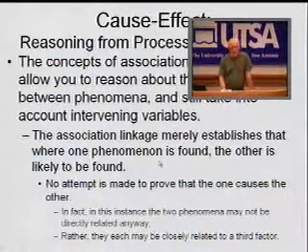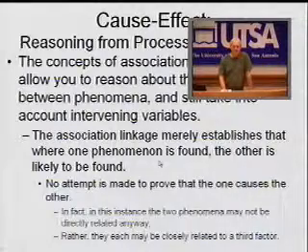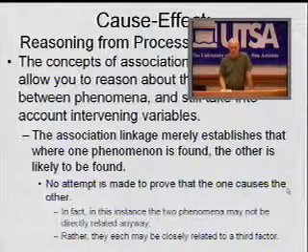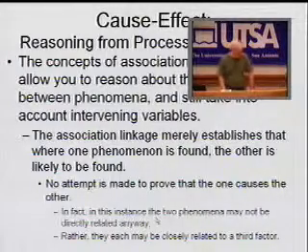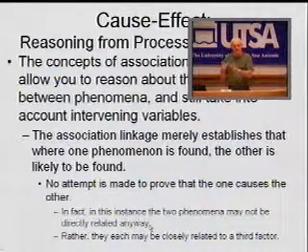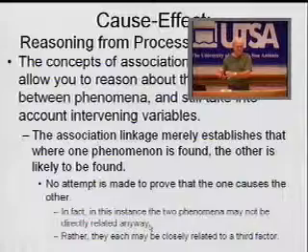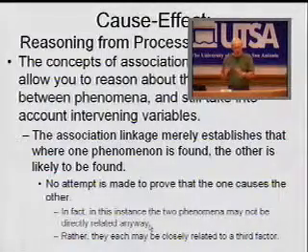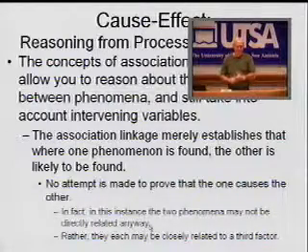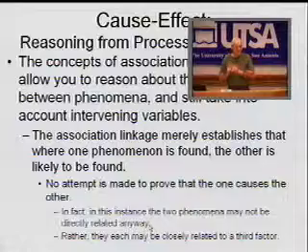So stopping at mere statistics is unsatisfactory. We have to accept that. No attempt is made to prove that the one causes the other. In fact, in this instance, the two phenomena may not be directly related anyway. It rules out chance. It means that you have an association. If you repeat this and you observe this, there's a strong probability that you're going to observe that. But if I have gone further to prove that there is strength in the argument of causality, then I have a more direct predictability.